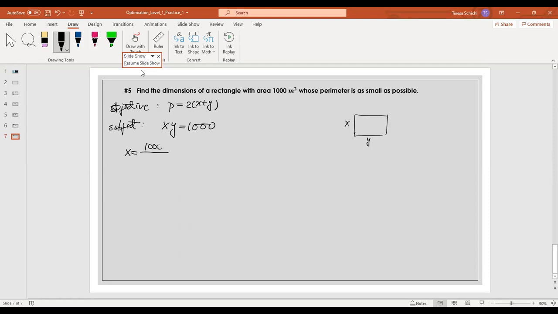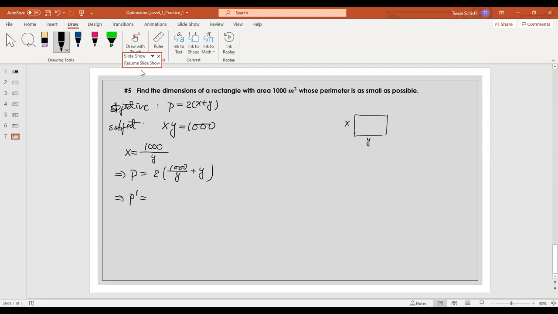X will be 1,000 divided by Y. Then substitute into my objective function: P is 2 times 1,000 over Y plus Y.